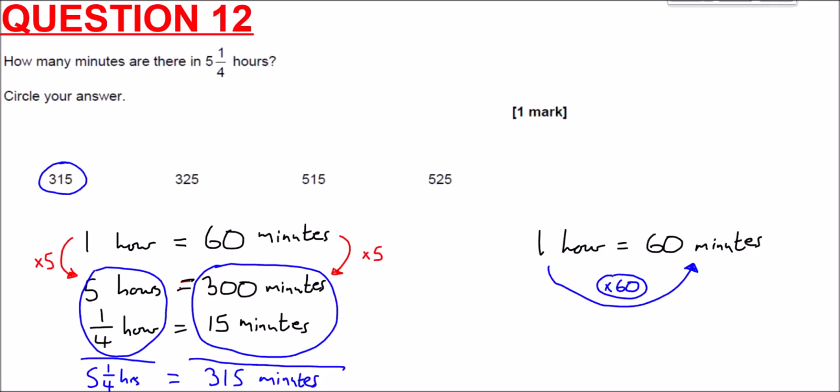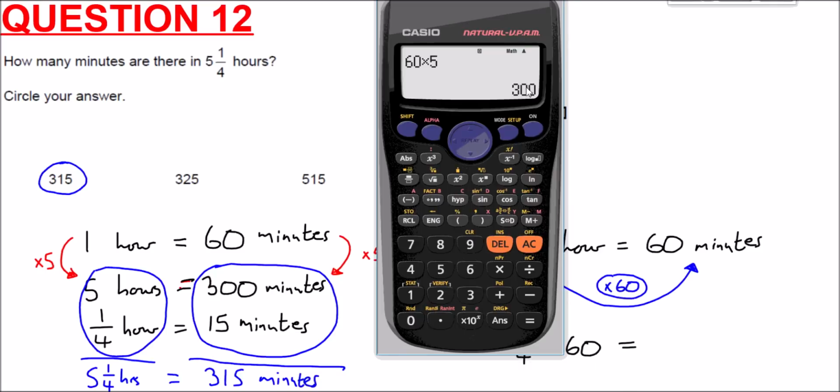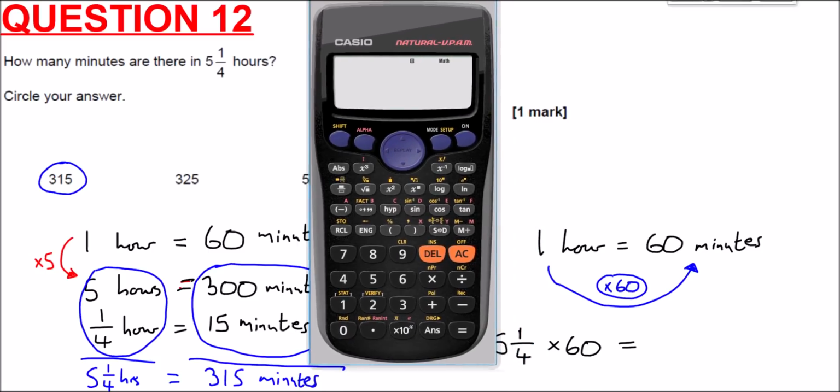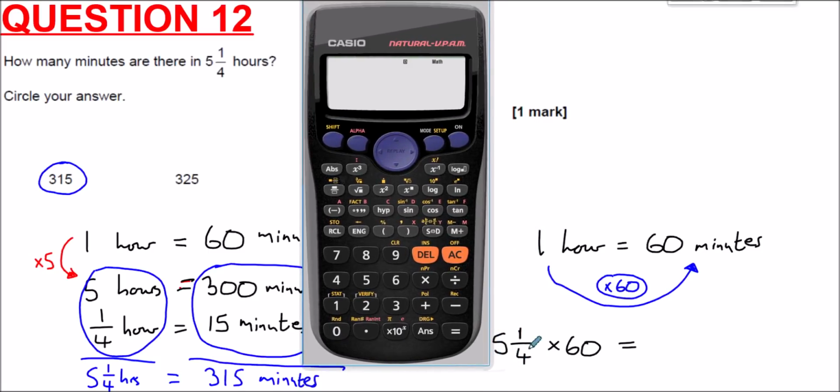And so we can take 5 and a quarter, which is our value of hours, and multiply that by 60, as long as we know how to use the calculator correctly. I'm essentially just doing this as an excuse to show you how to use a mixed number button on your calculator. A common mistake people make is they'll type in a quarter, then skip back and type in a 5 in front.